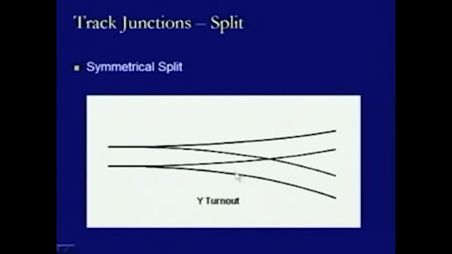This is a symmetrical split, which is also known as Y, because if you come this way, this is the main track in the case of Y, and then it is getting split in the 2 directions symmetrically. That is why it is also termed as Y. So, this is the main line, and it is taking a turn in this direction as well as providing a turn in this direction.